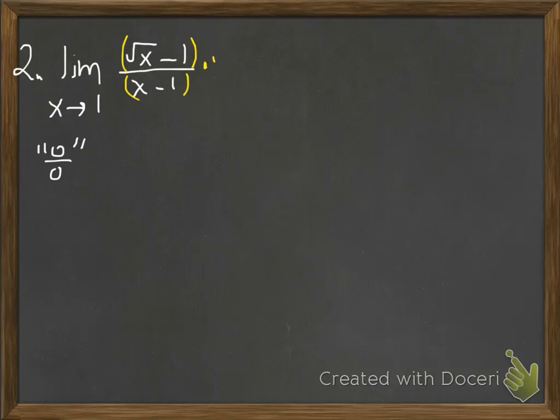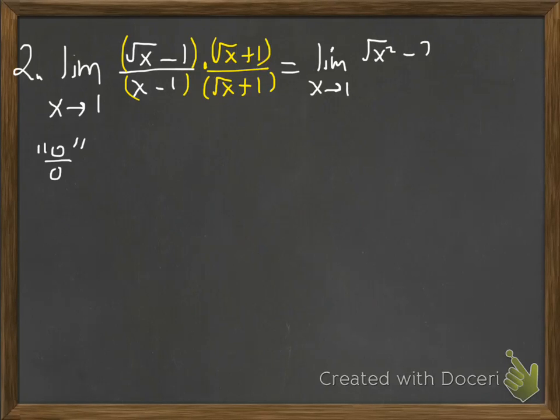All right, so we will multiply the top by the square root of x plus 1. That's the conjugate. And anything we do to the bottom, we've got to do to the top. Or anything we do to the top, we do to the bottom. We'll go ahead and FOIL out the top, so that'll be square root of x squared minus 2 square root of x minus 1.